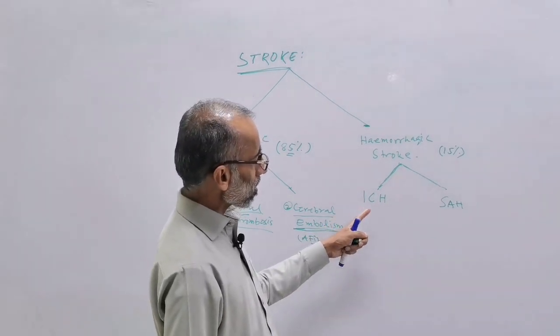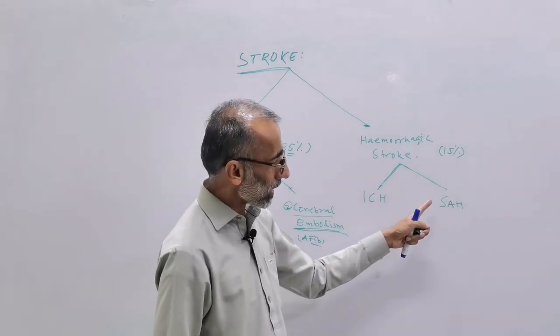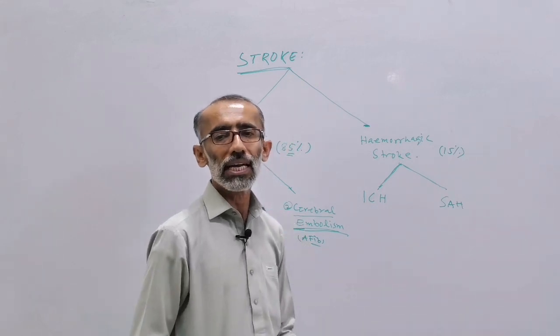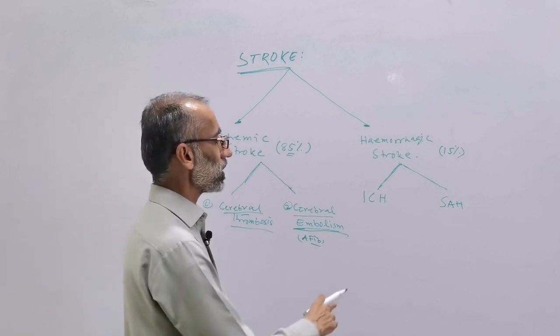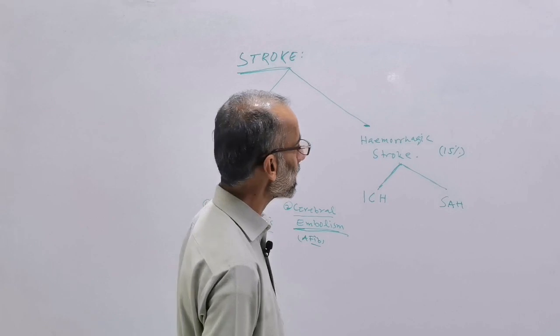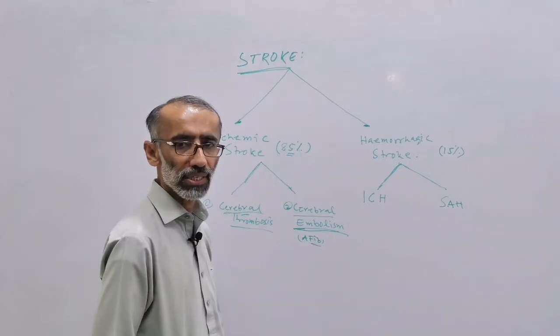In both types, the blood vessel ruptures and there will be discontinuation of blood supply to the brain, resulting in a stroke.